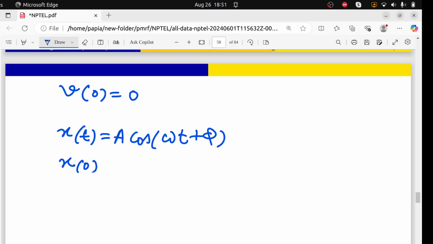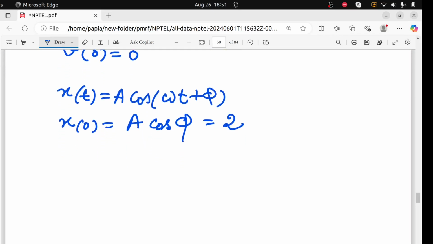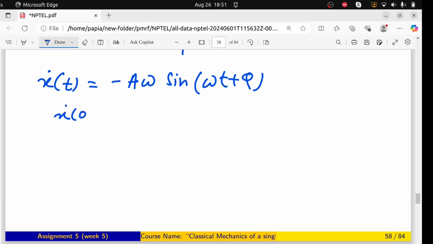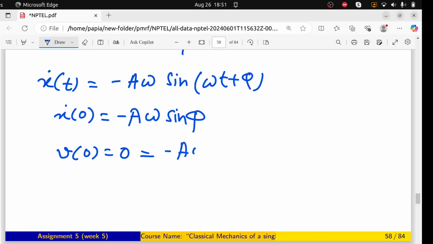Now x0, I can write as A cos phi, which is 2. Now for x dot t, it is minus A omega sin(omega t plus phi). So x dot 0 is minus A omega sin phi. v0 is given as 0, so minus A omega sin phi is 0, and omega A is not equal to 0.